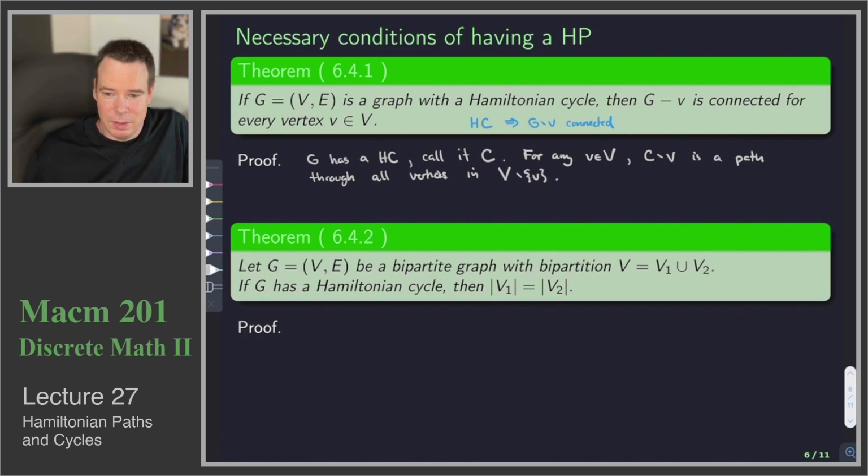And that's all the vertices of G remove V. So G take away V is connected because we have a path that passes through all the vertices of it. And we are done.